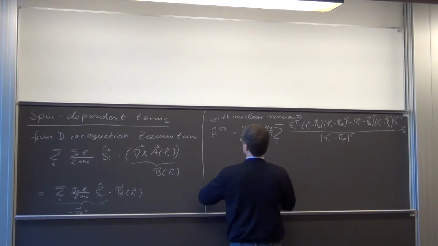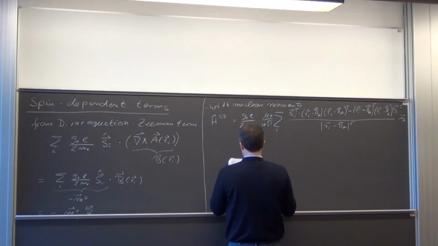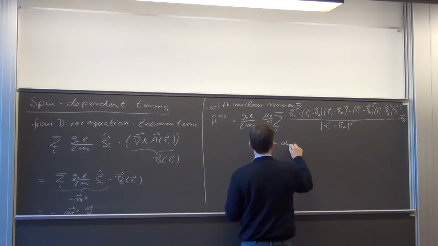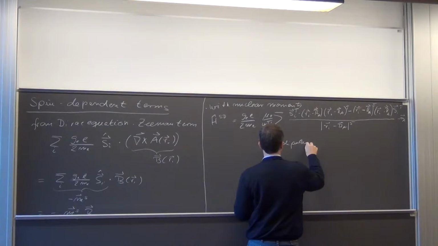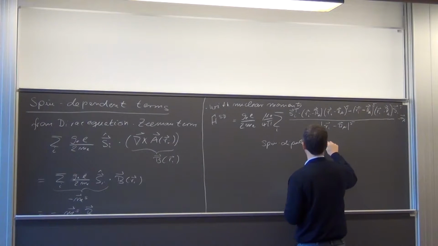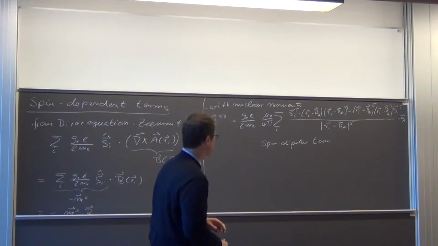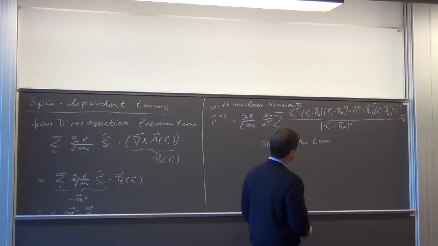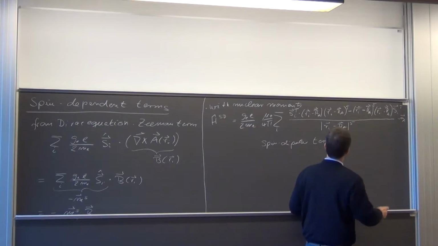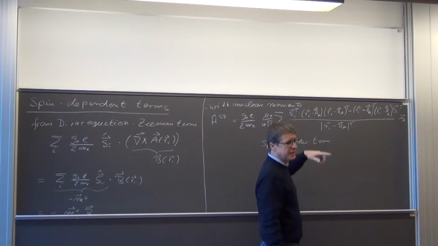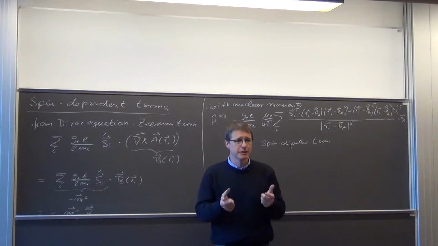So that is called the spin dipolar term or contribution. And it's called spin dipolar because, you might remember some electromagnetism, this is actually the normal interaction term between two dipole moments.